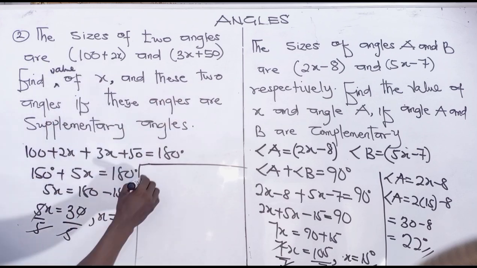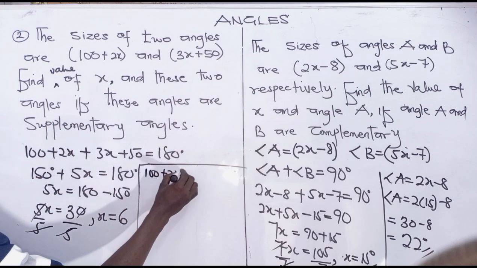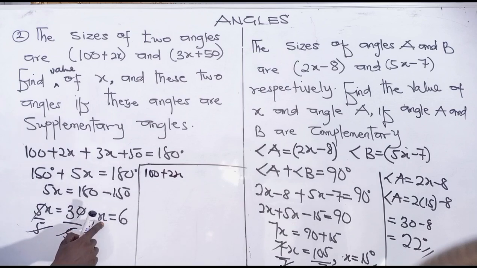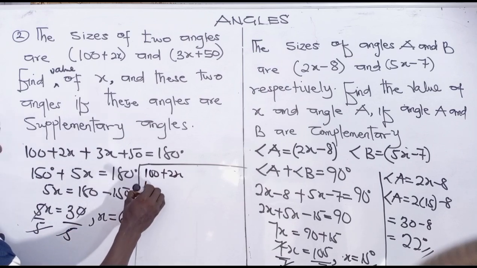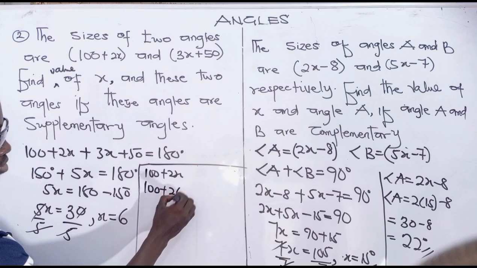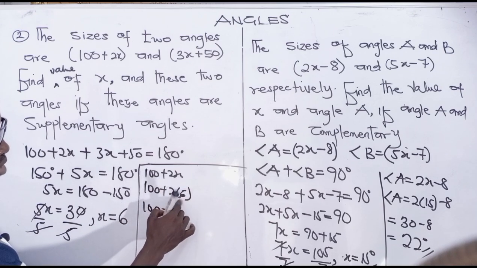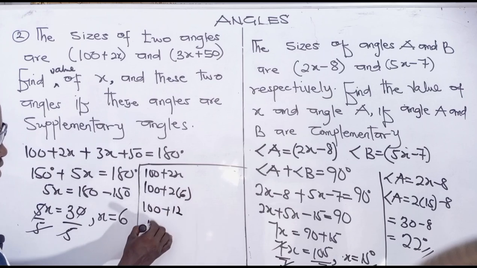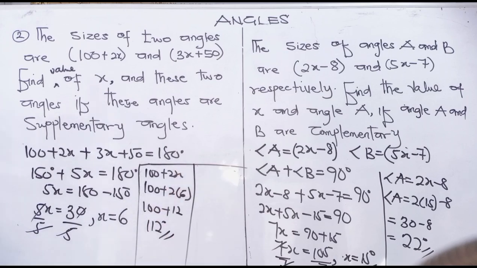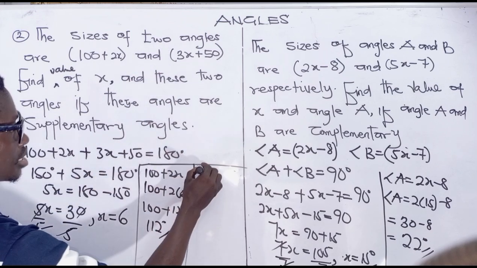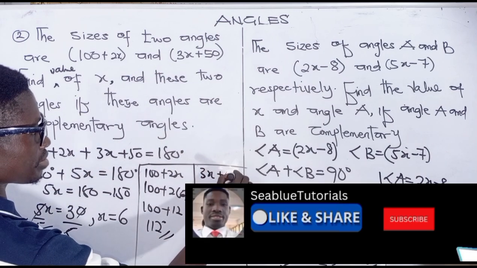For the first angle we have 100 plus 2x. We have already established that x is equal to 6. So we have 100 plus 2 times 6, and 2 times 6 gives us 12. So we have 112. That is for the first angle. Let's look at the second angle, which is 3x plus 50.